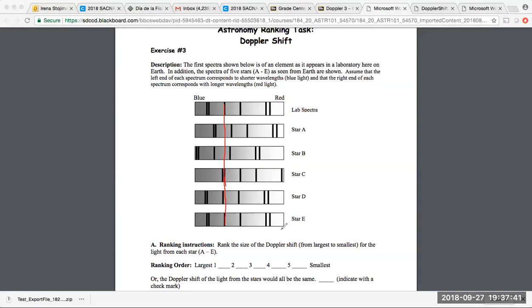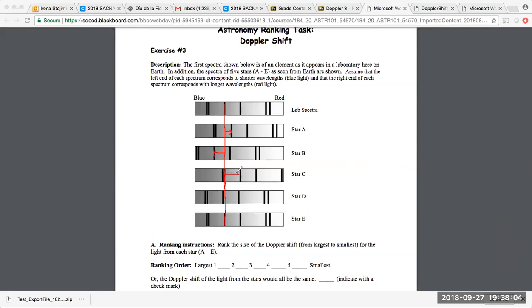Yeah. Okay, and that can be because maybe it's not moving or it's moving sideways with respect to us. But all of the other ones are shifted a little bit. Now you look at this line, and what do you notice? In star A, it's shifted in this direction by this much, yes? You agree? Yes. In star B, it's shifted in this direction by this much.